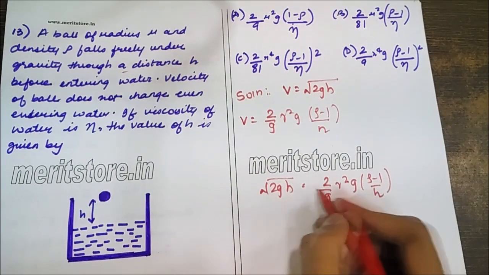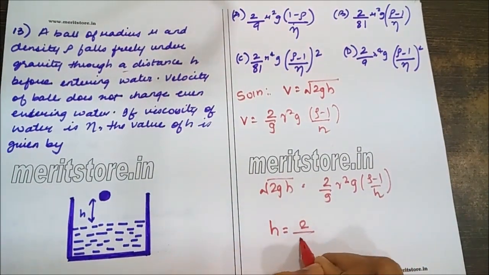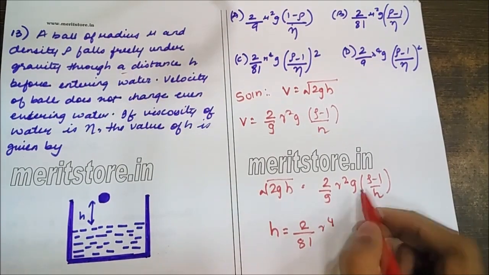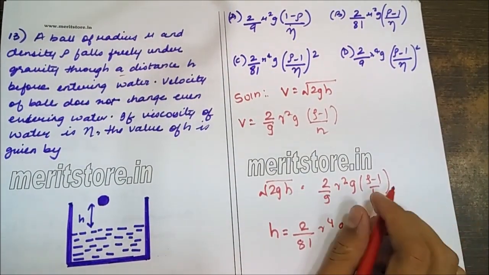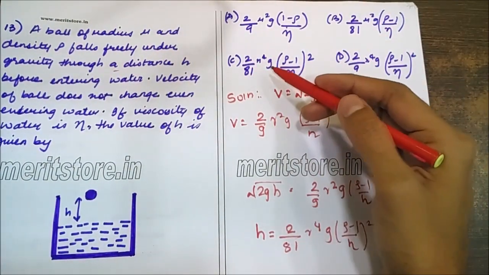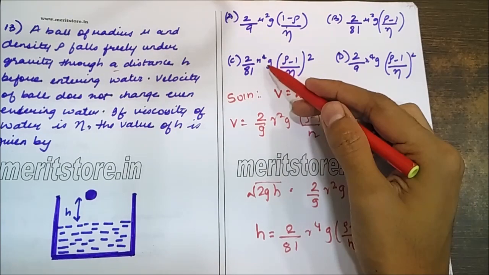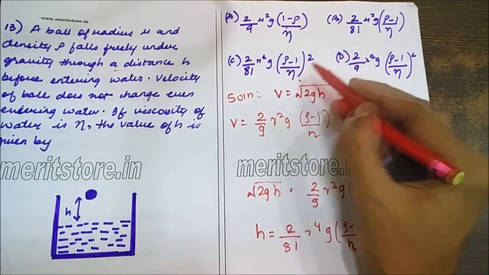Okay, so to get this equation in terms of height h, we need to square it, so that becomes h equals 2 upon 81 r raised to 4 g into rho minus 1 upon eta, the whole square.